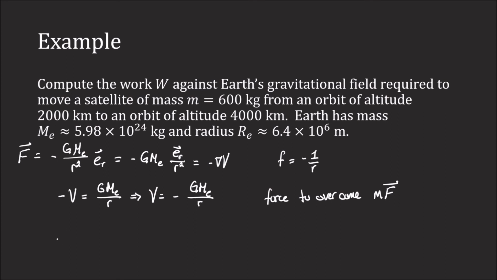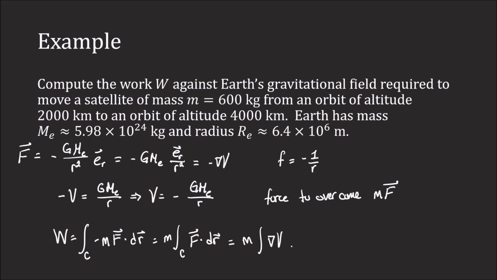So work will be the path integral along some path C of negative m F dot dr, which equals m times the path integral of F dot dr. But this is m times del V dot dr.